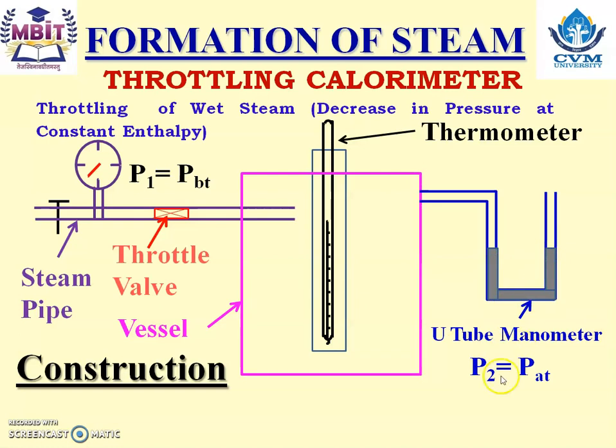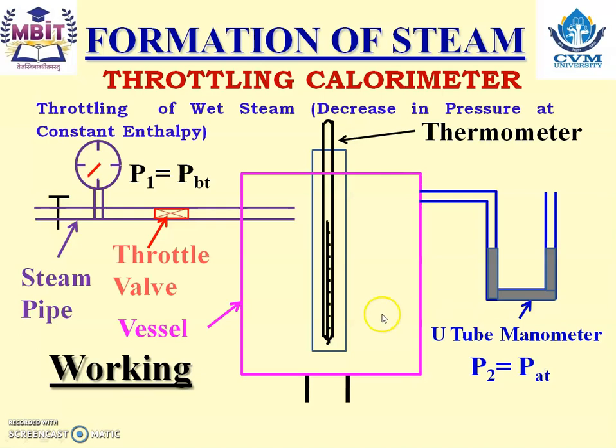So the U-tube manometer measures P2, that is pressure after throttling. Clear? Now the working. Let us open the valve. As we open the valve, the steam will enter and it will show us some pressure, and that pressure is known as P1, or pressure before throttling. Then that steam passes through the throttle valve. It means the steam has passed through the throttling process.